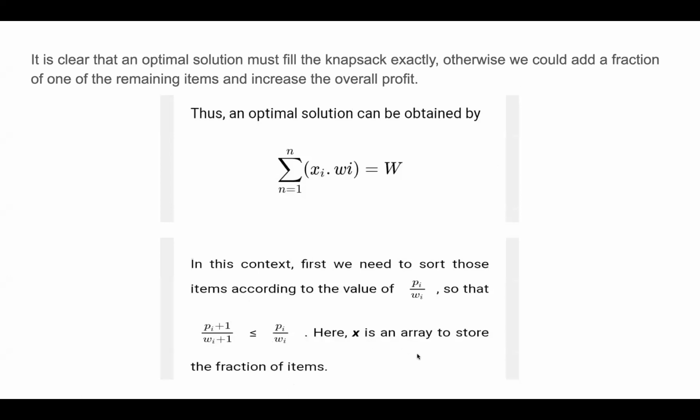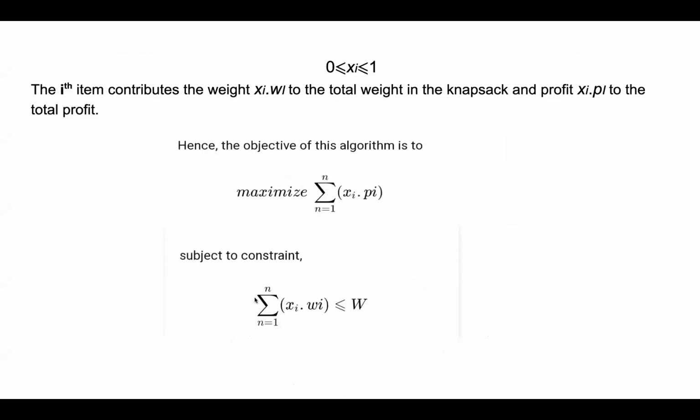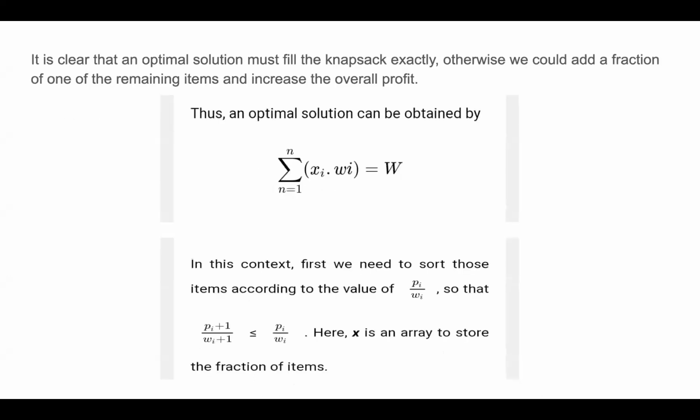Here x is an array to store the fraction of items. x is the fraction of that item. So the profit and weight ratio of the next item should be less than or equal to that of the current one.